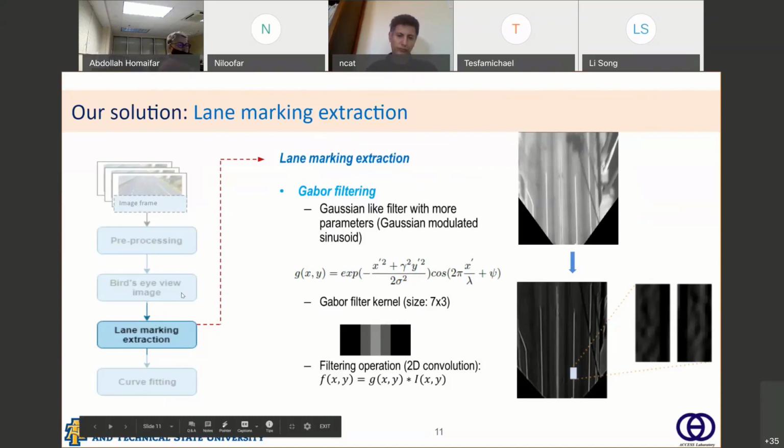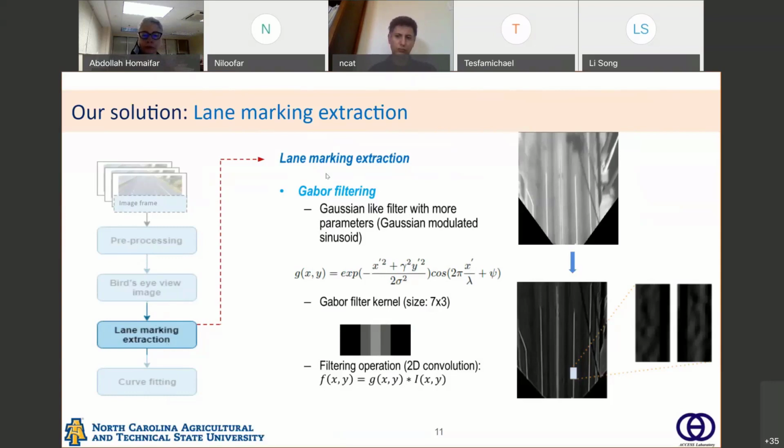So after we transform the image into a top view, we have a lane marking extraction method. This is a very important part of this method. We apply a Gabor filtering on this bird's eye view image. And the Gabor filter is almost the same as a Gaussian filter, except that it's modulated by a cosine or sinusoidal function.